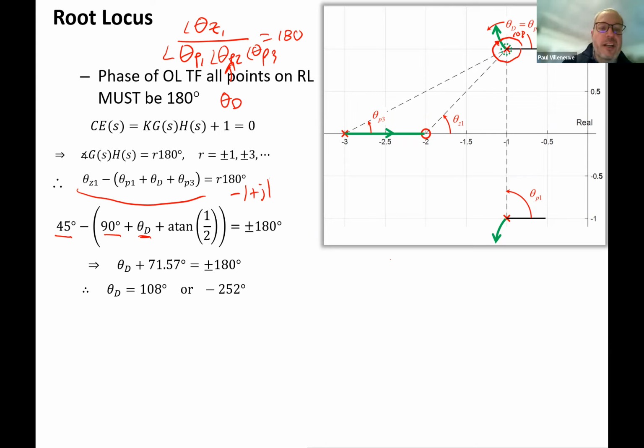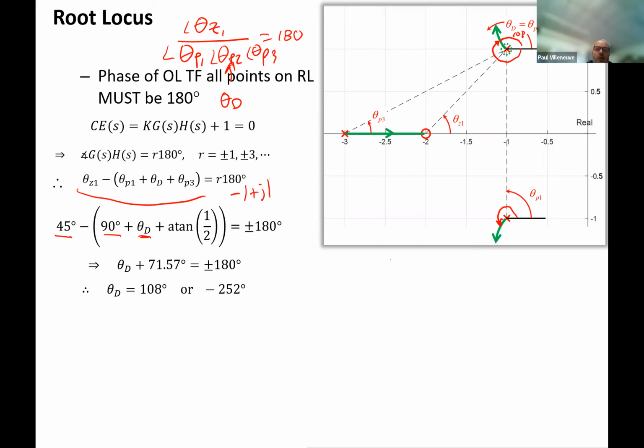All right, I'll give you 3 minutes. I would like you to calculate this angle. Calculate the angle of departure for this one.